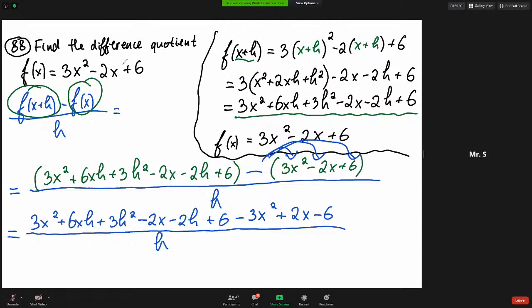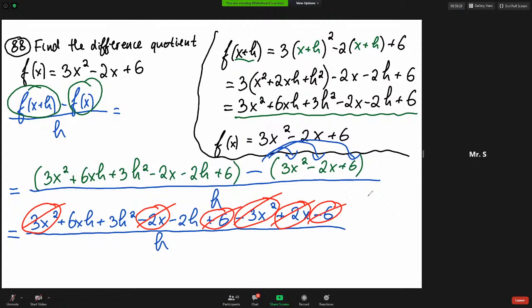Now we will start combining like terms in the numerator. I see I have 3x squared and negative 3x squared. Those add up to 0. I see I have a negative 2x and a positive 2x. Negative 2x plus 2x is 0. I see a positive 6 and negative 6. Positive 6 minus 6 is 0.